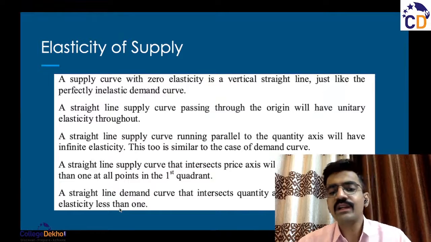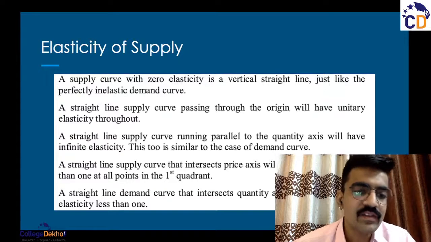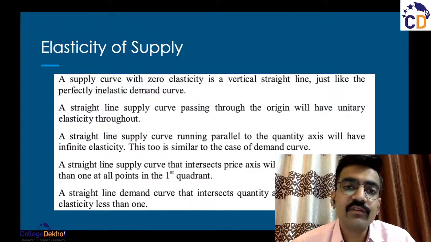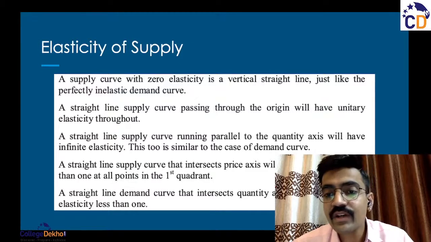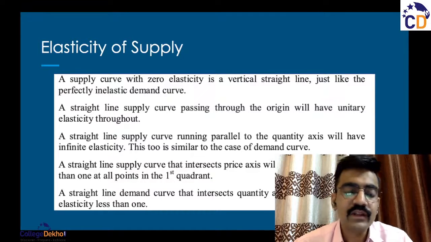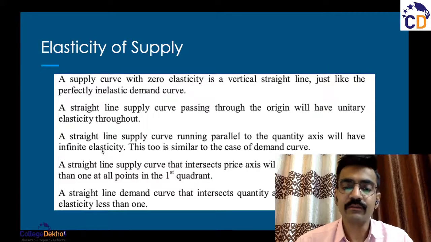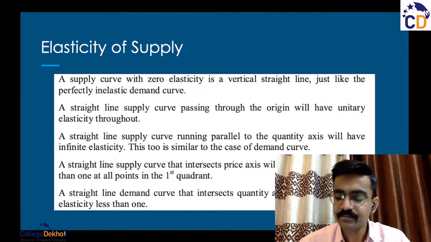All right. So this relationship between the price and the quantity ultimately decides whether the elasticity would be equal to 1, more than 1, less than 1, completely inelastic, or infinitely elastic. Right? So these are a few cases that define the elasticity of supply.